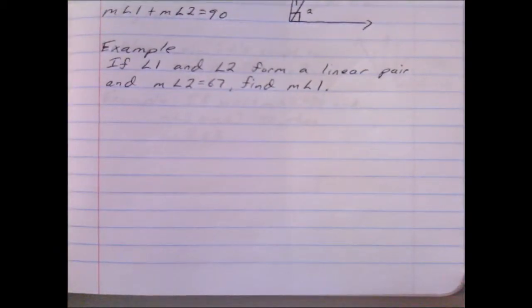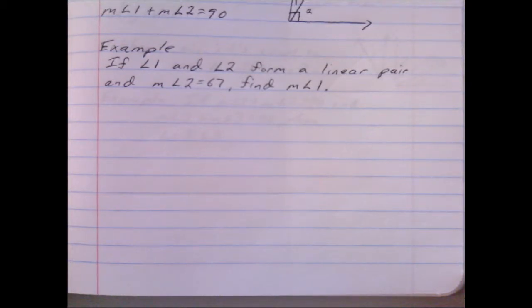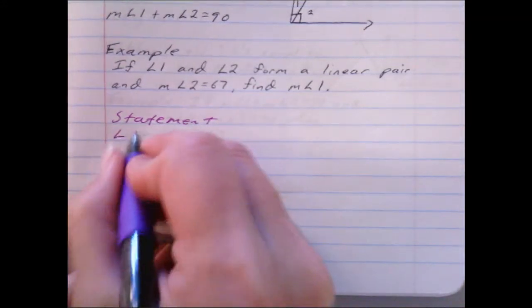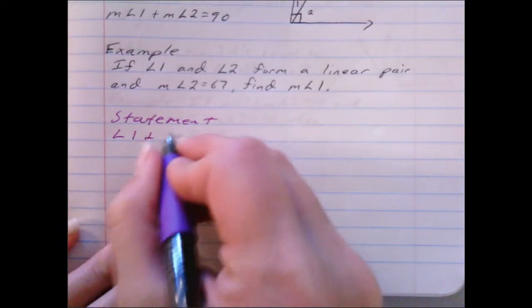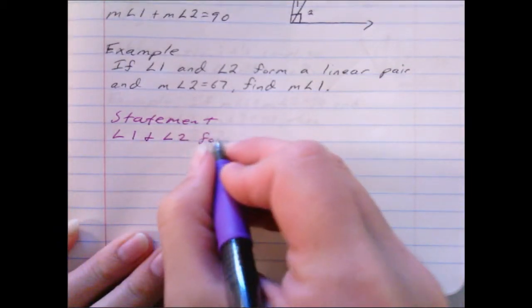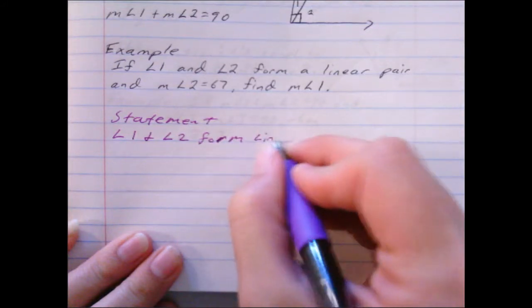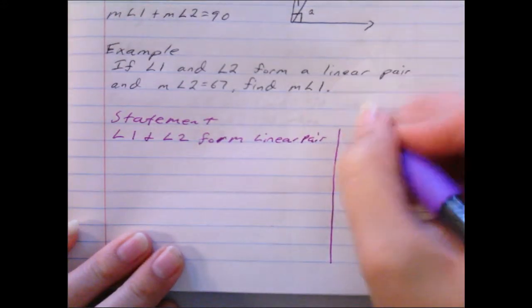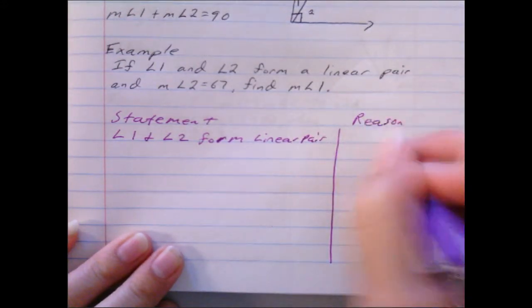Alright, so let's look at another example. For this one, if angle 1 and angle 2 form a linear pair, and the measure of angle 2 equals 67, we're going to find the measure of angle 1. We're going to start out with our statement, which is our given: angle 1 and angle 2 form a linear pair, and my reason is that it is given.